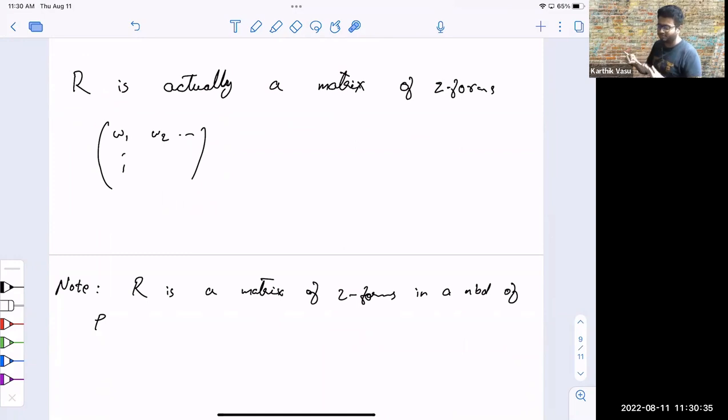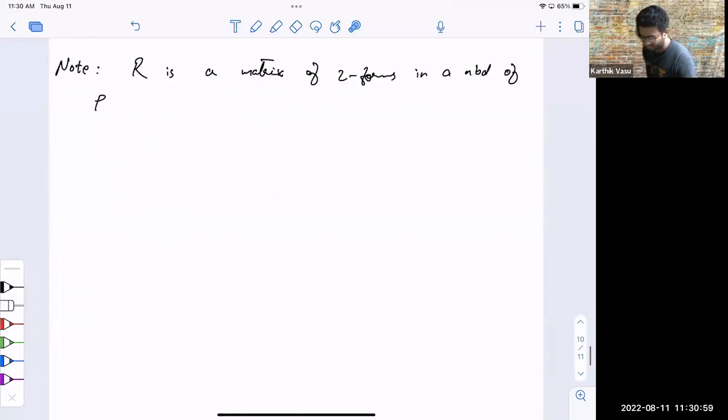But because these are only defined in open sets, they will be local invariants. So I need a way to patch these up. On one open set I have a matrix, on another open set I have a different matrix. Now I want to see how they change when you change coordinates, or when you change the basis.